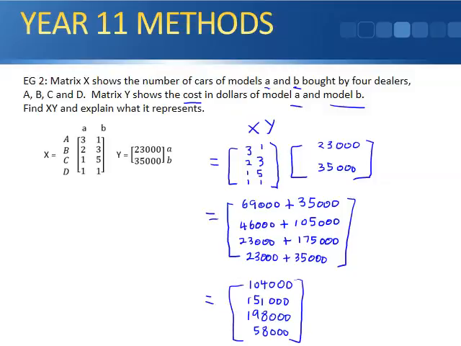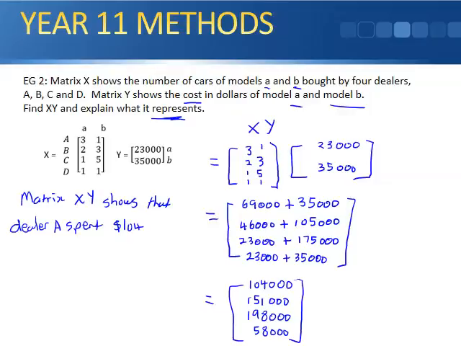It also tells us to work out what it represents. Well, matrix XY shows, and because it's the cost, this is what they've spent. So it shows that dealer A spent $104,000.